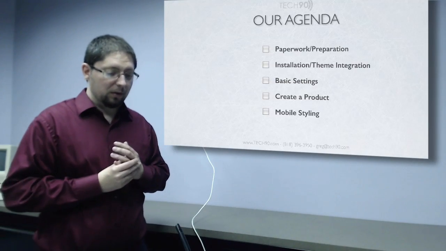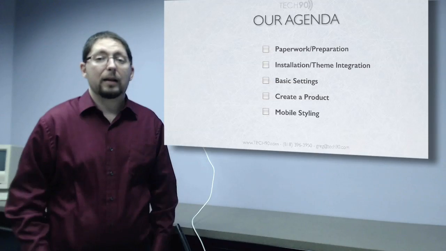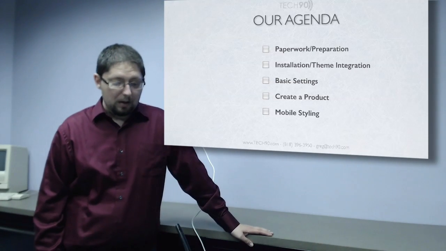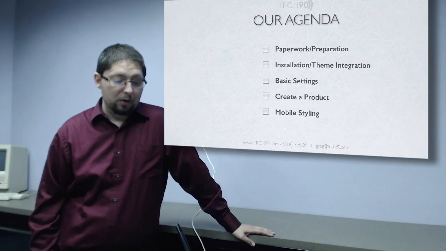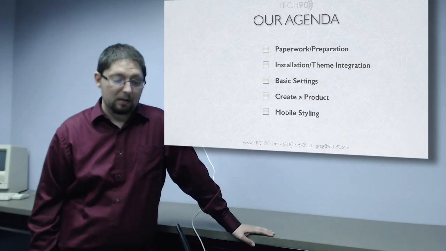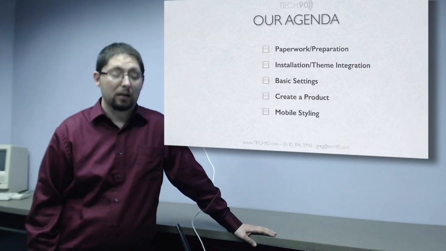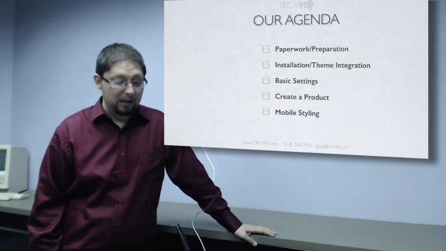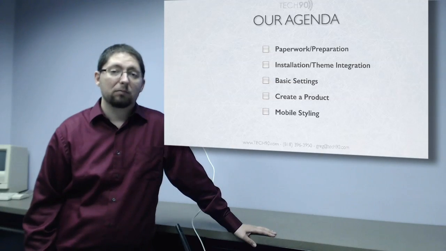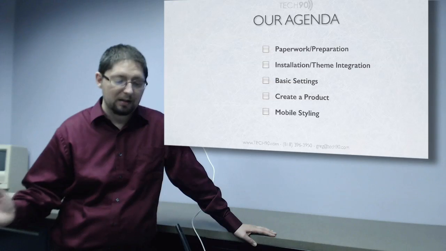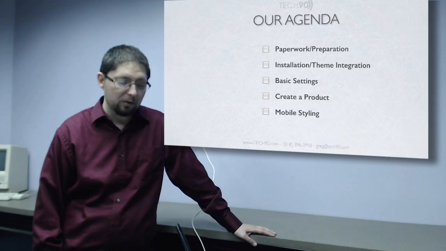In the second section, we're going to talk about how to install and integrate WooCommerce into your WordPress site and into your theme. In the third section, we're going to have a look at some basic settings that need to be changed to make the site work for us here in the United States and here in California. In the fourth section, we're going to talk about how to create a single product. We're not going to go into a full inventory of products, but one product that has a few options that you'll probably likely want to use.